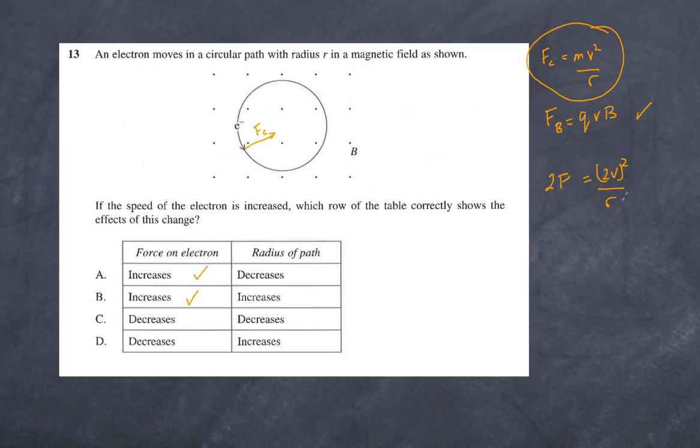What happens to r? Well, this value here becomes 4 because we get 4v squared over this second r. But if this is twice the force, that means r has to be doubled. It has to increase so that we have consistency mathematically speaking. So therefore the radius also increases. And so the only possible answer is B.